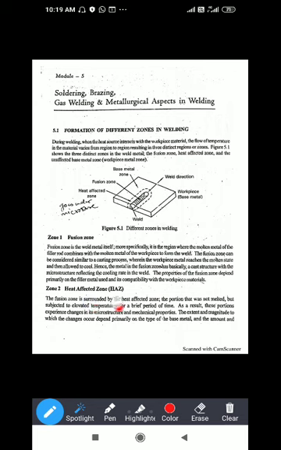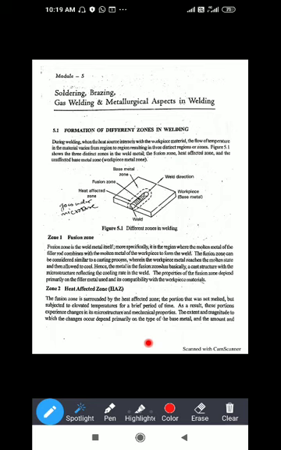Now you can see zone 2, the heat affected zone. The fusion zone is surrounded by a heat affected zone. This is the portion that was not melted but was subject to elevated temperature for a brief period of time.